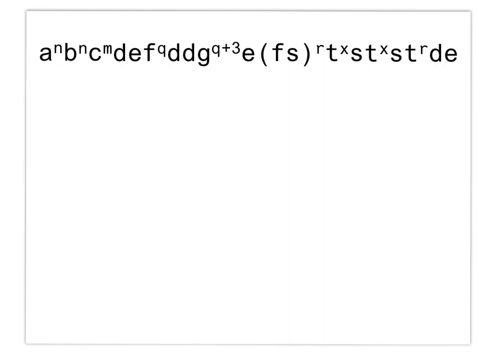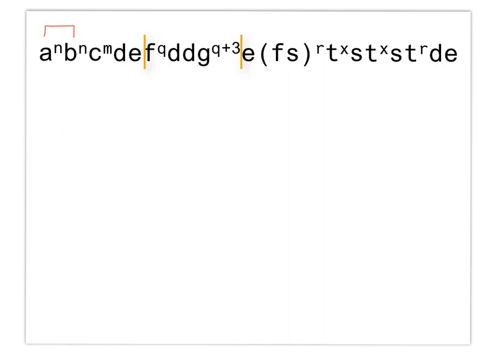They are sort of partnered because they both need the same exponent. So I'm just going to mark them like that. If you look at the next one, C to the M, that's kind of on its own. There's nothing else with an exponent that has the letter M, right? Here's an F to the Q and the G to the Q plus 3. So those ones sort of need to be together.